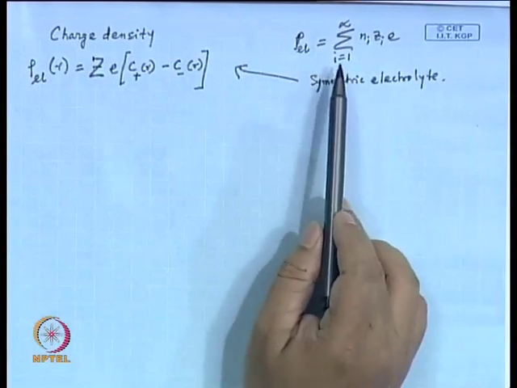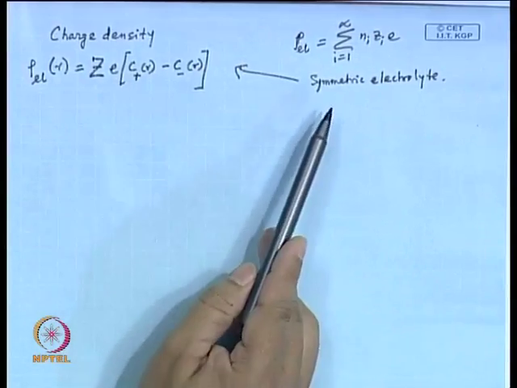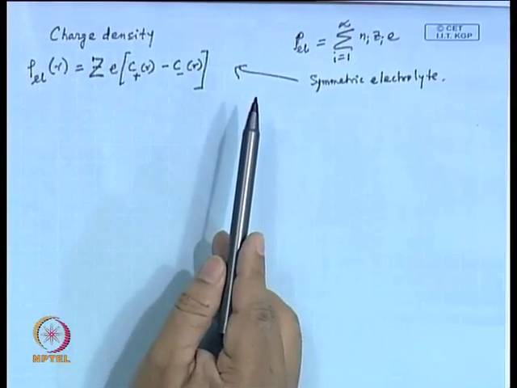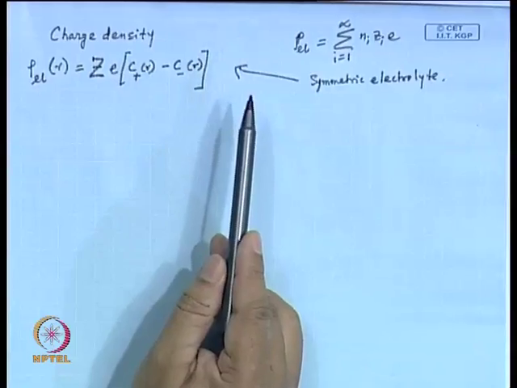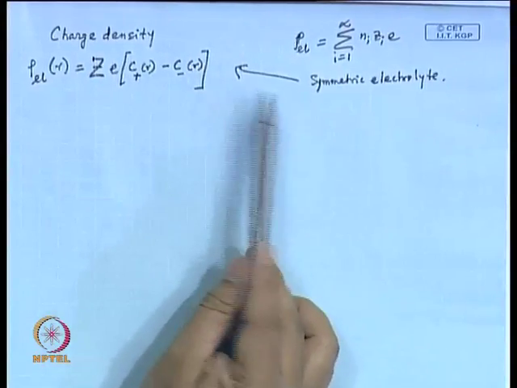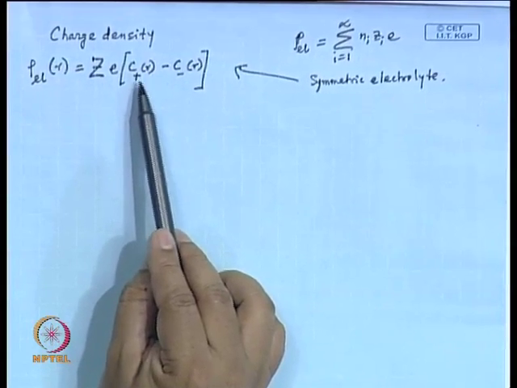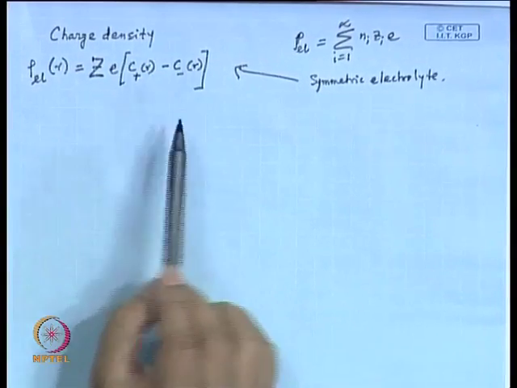Ideally, for all charges you need to sum them up, but since this is a symmetric electrolyte, that means NaCl dissociating into Na plus and Cl minus, it would be C plus of r minus C minus of r.